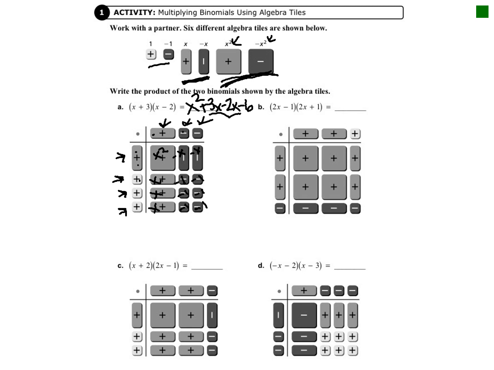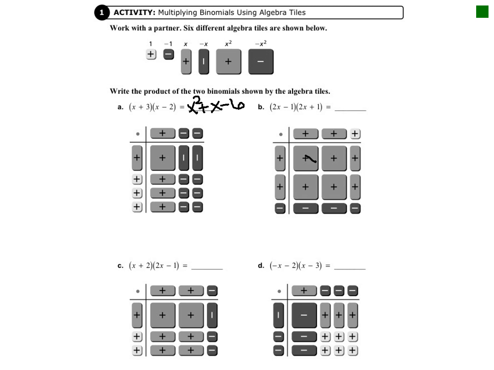Combine our like terms. The polynomial, after we are done multiplying and it's simplified into standard form, is x squared plus 3x minus 2x is x minus 6.